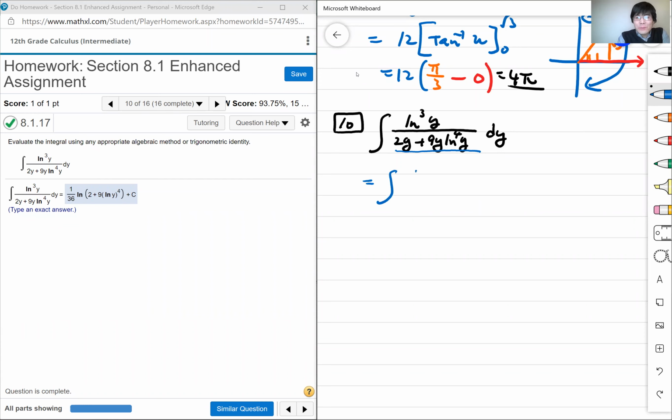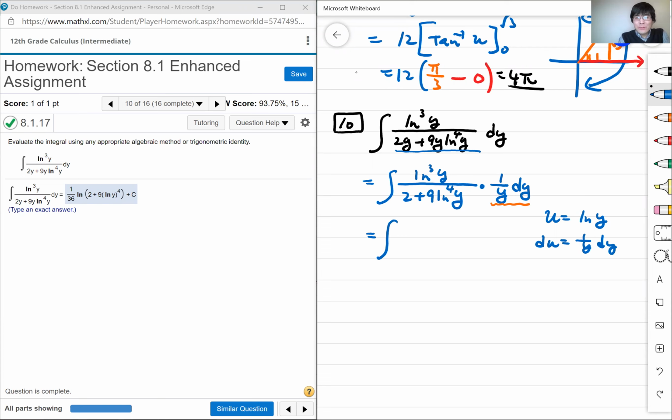So this expression is equal to an expression in terms of ln y and the derivative of ln y here. So let's say u is equal to ln y, because you have ln y's derivative here. So du will be 1 over y dy.